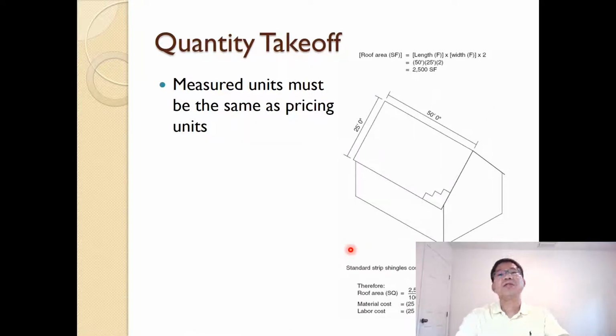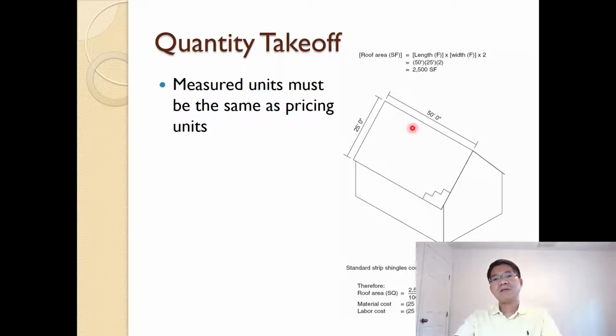And then the pricing unit has to be the same as the measured unit. For example, here for the shingles, this roof is 50 times 25. Remember, we did one problem in the system estimate or assembly estimate for the roofing, and we determined that it is 2,500 square feet.